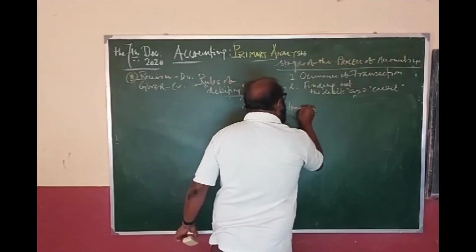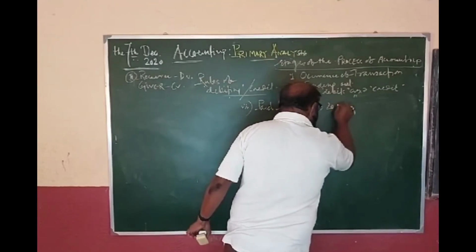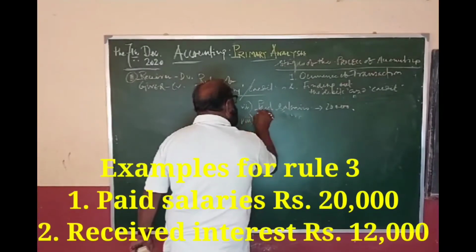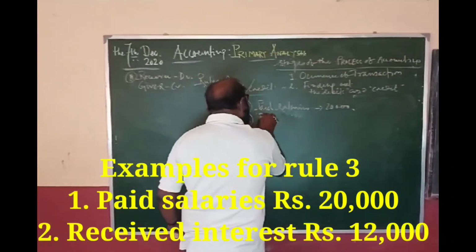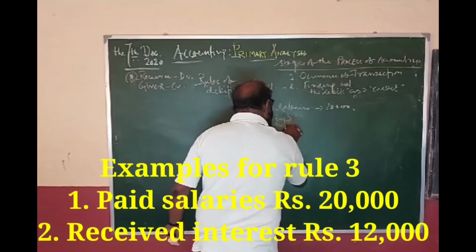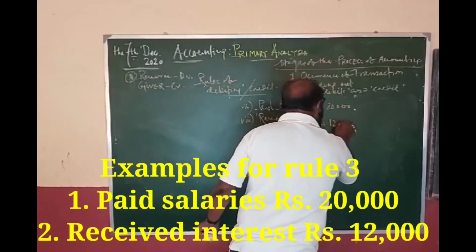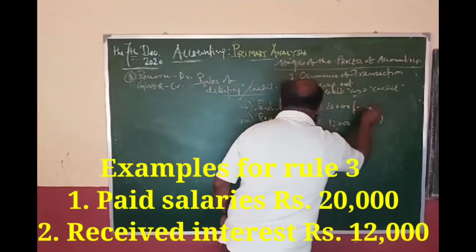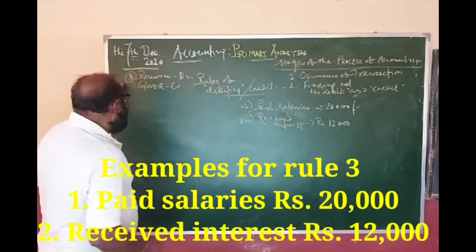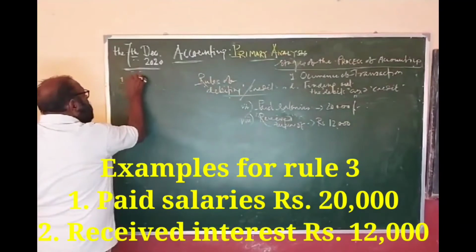Paid salaries rupees 20,000. Received interest rupees 12,000. Now how would you do it? First of all, our first rule was what? I am writing down the rules again, okay friend?